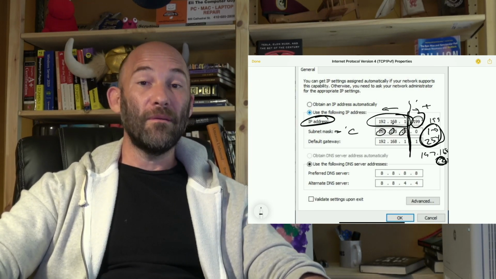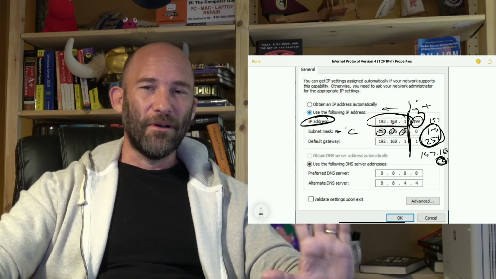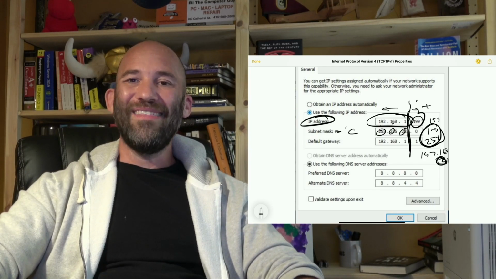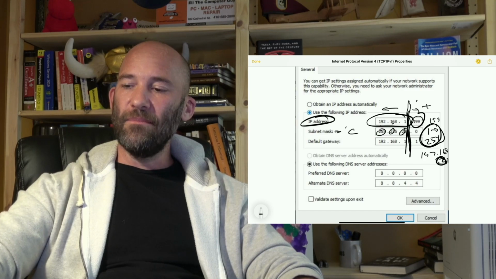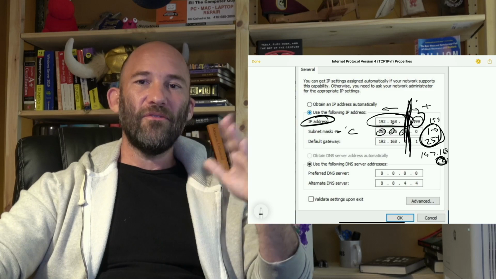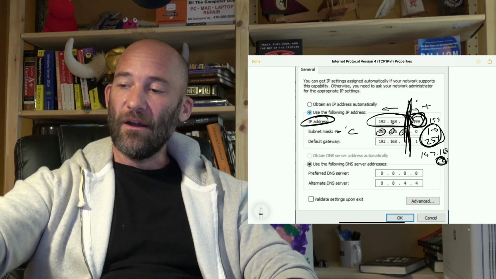They should be able to communicate with each other appropriately, as long as you don't have firewall rules or something like that set up. And so what the subnet mask does is it simply tells you where the network identifier ends for the IP address and where the computer identifier begins, right?